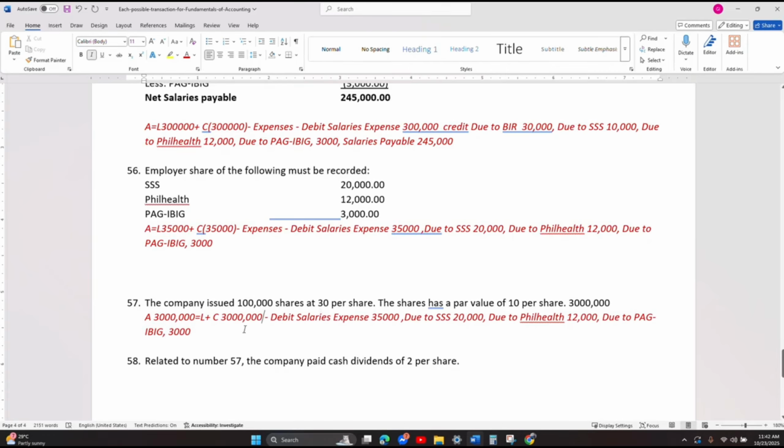So the only difference is the entries. Okay? So instead of having debit cash, it's still debit cash. Debit cash, 3 million. In the corporation, instead of crediting BBG capital immediately, in here we have an account known as ordinary share capital.